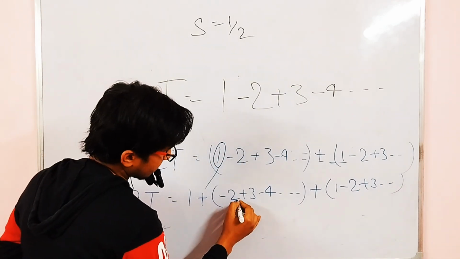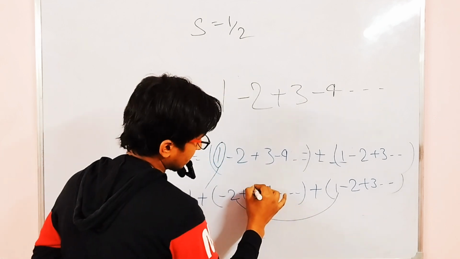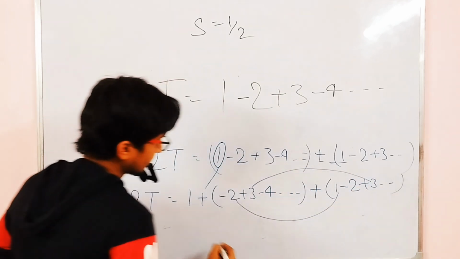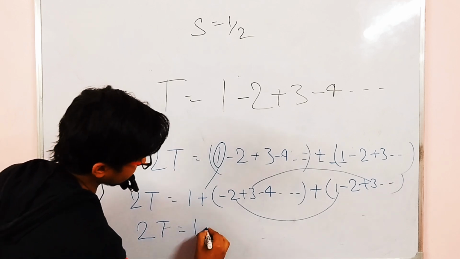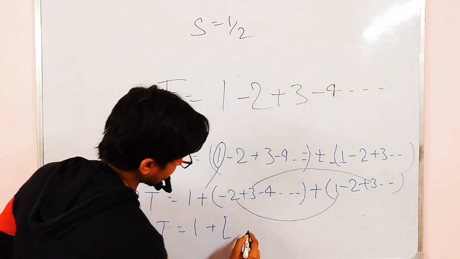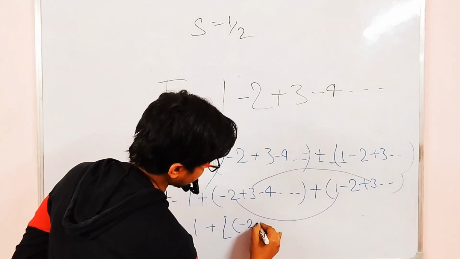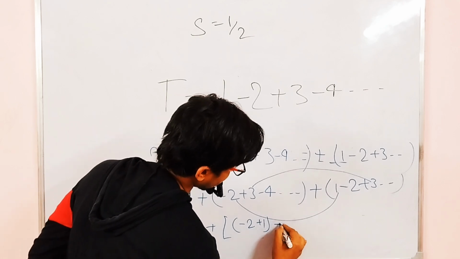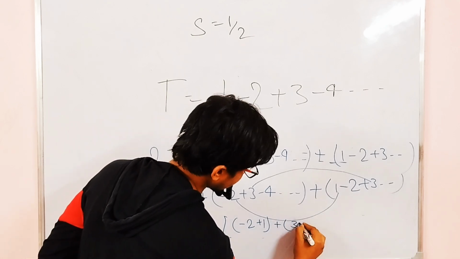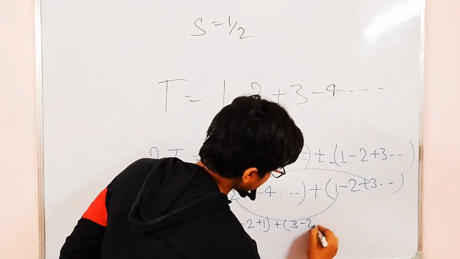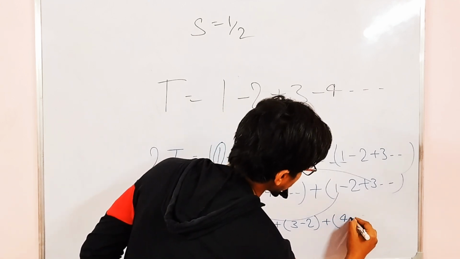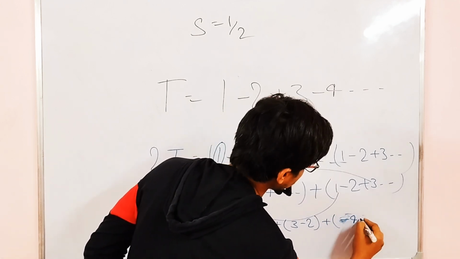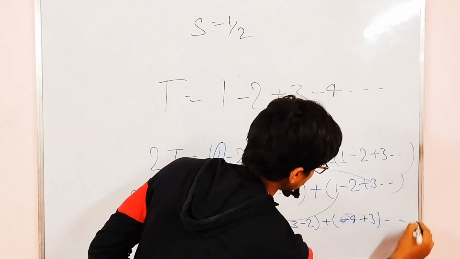Now arrange the terms one under the other and add them. Let's see what we get. 2T is equal to 1 plus, in brackets, minus 2 plus 1, 3 minus 2, minus 4 plus 3, and so on.